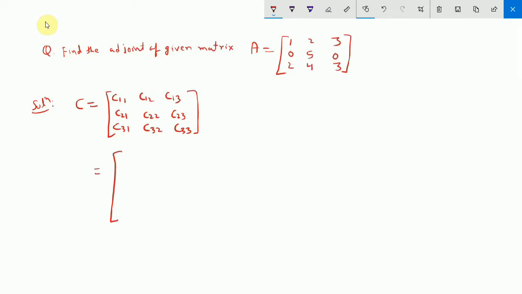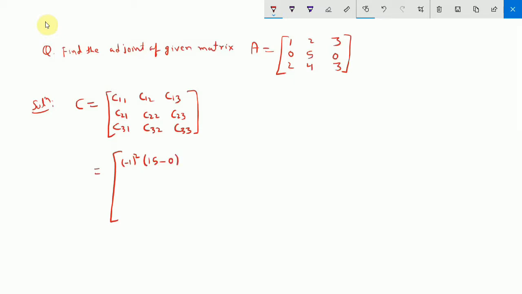For C11, it will be minus 1 to the power 1 plus 1, which is 2, and we have to delete the first row and first column, then we will get 5 into 3, so 15, minus 4 into 0.